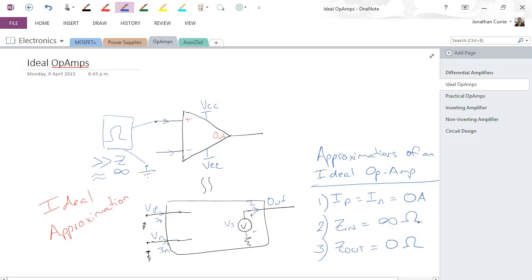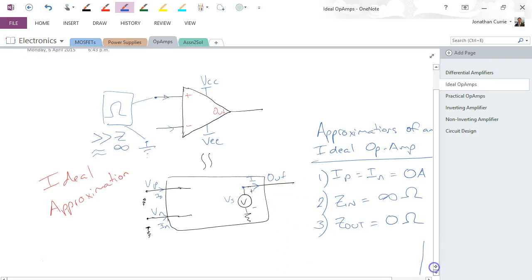Right, so the output resistance, looking from this point here to the output, something we can't easily measure without an external circuit, is equal to 0 ohms. And remember, that's good for connecting to circuits which have some sort of capacitance on the output, because that means that our time constants are much shorter.